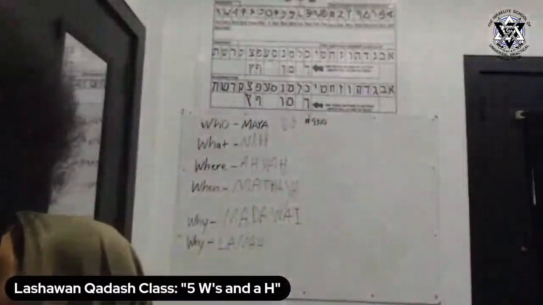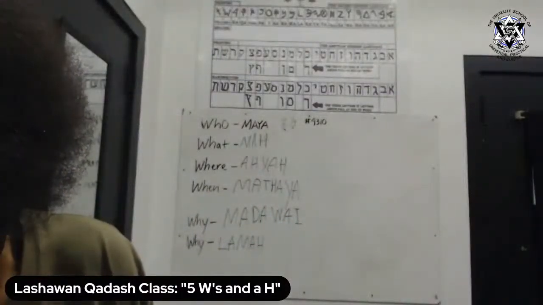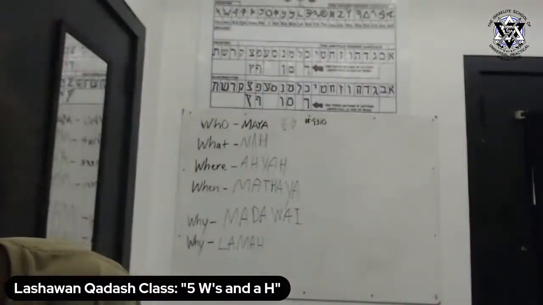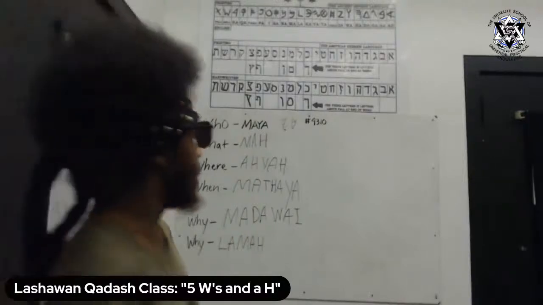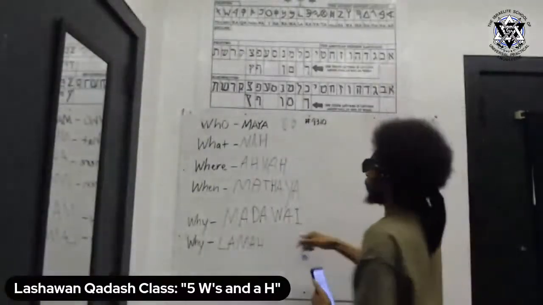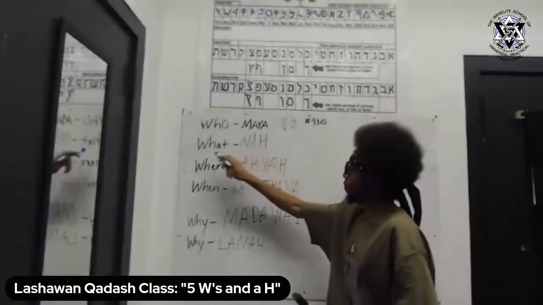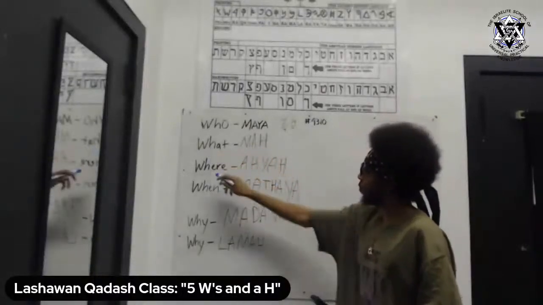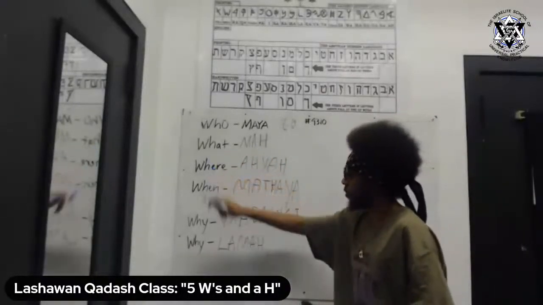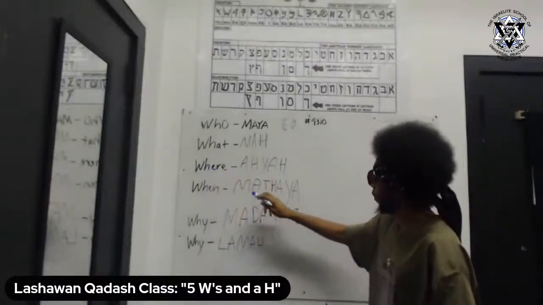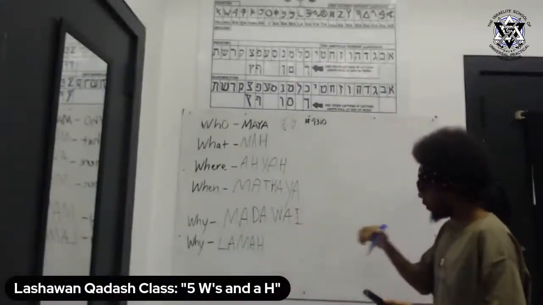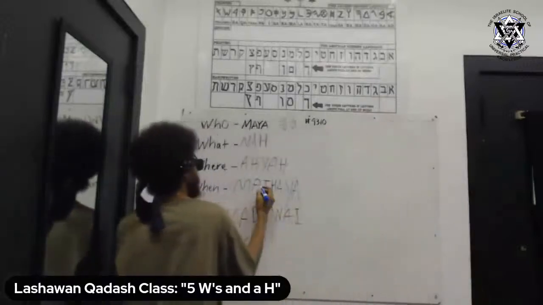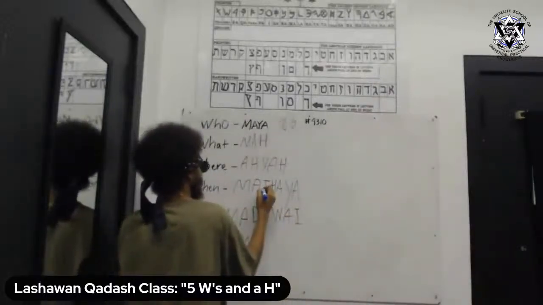Let me do this real quick. I'm going to separate these words so everybody can understand. I don't want nobody to get confused. So ma by itself is a word, which is what? When, yeah.